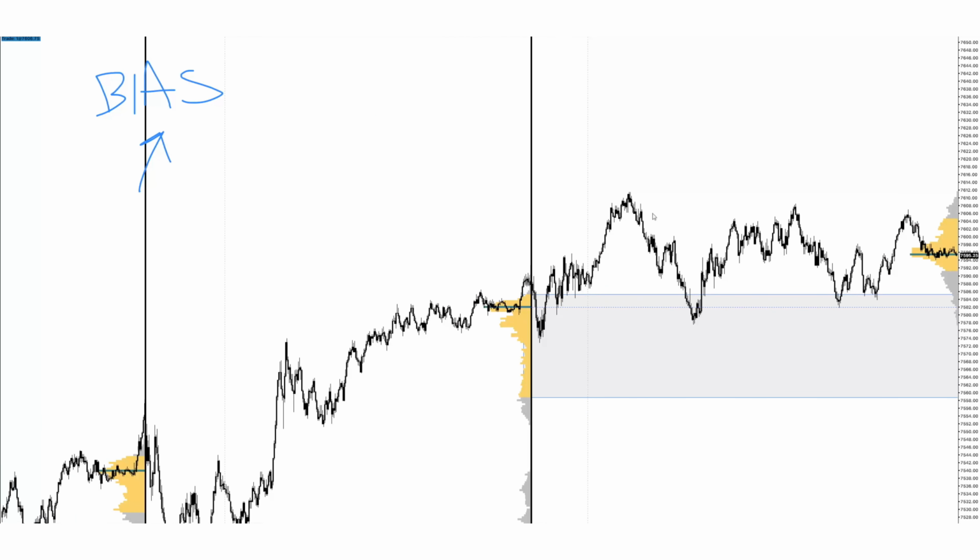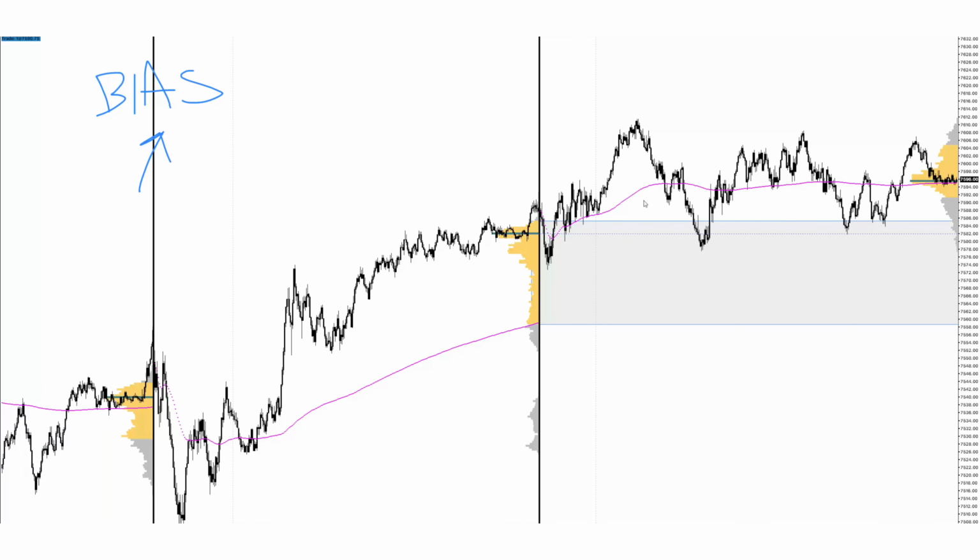So now, the other thing that we can use is a very, very powerful tool. And this tool is the VWAP. Why is it important? A lot of people say that the VWAP is important because it's used by the institutions, but it's the opposite. Institutions use the VWAP because it's powerful. Why is that? Because the VWAP is the volume weighted average price.